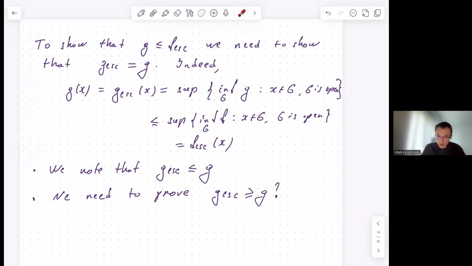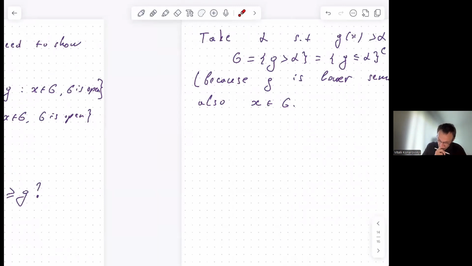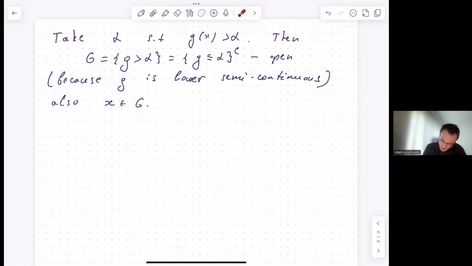And also it is one set of that supremum. Also let's note that if we take the infimum over the set G of the function G, so if you take any point satisfying this inequality and then you compute the infimum over such points of the values of function G, you see that it is larger or equal than alpha.